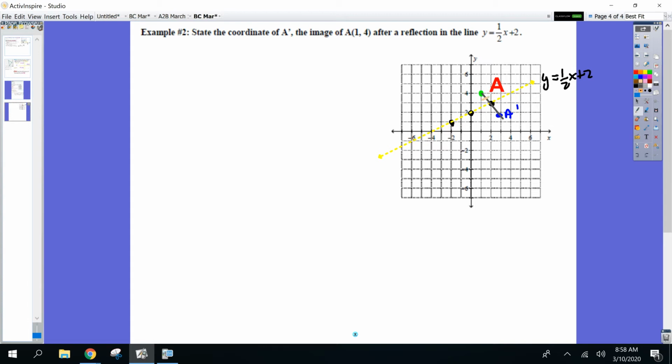You don't need to do this, but that distance is the same as that distance, right? Somebody give me a nice geometrical term for the point where those two lines intersect. That is the what of AA prime? That point right there is the what? That's the midpoint, isn't it? That is the midpoint, correct?